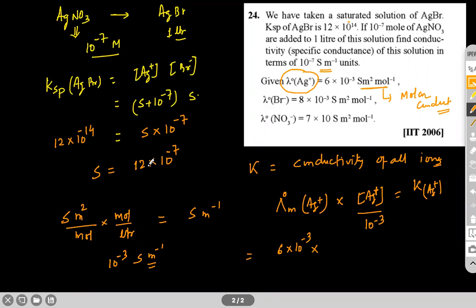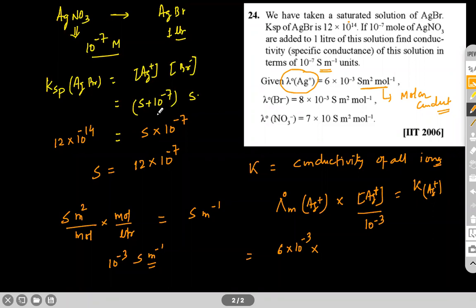10 to the power minus 14 it is there. So solubility is 12 into 10 to the power minus 7, right? So this is the concentration of Ag plus and the concentration of Br minus. Okay.